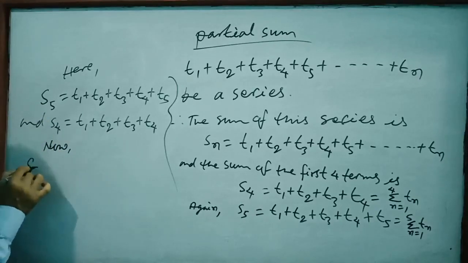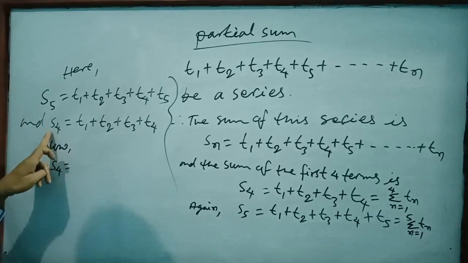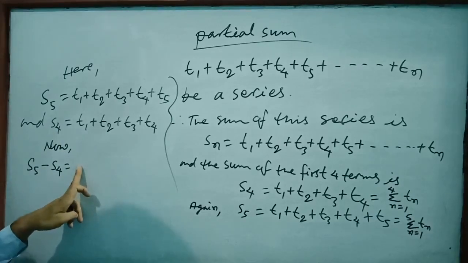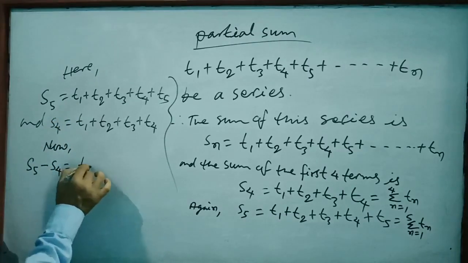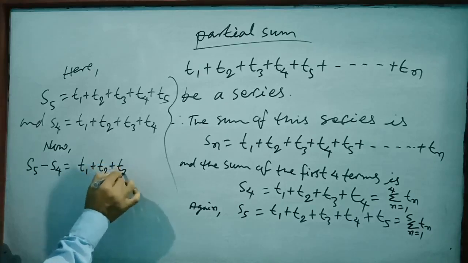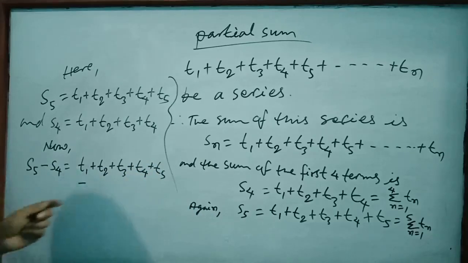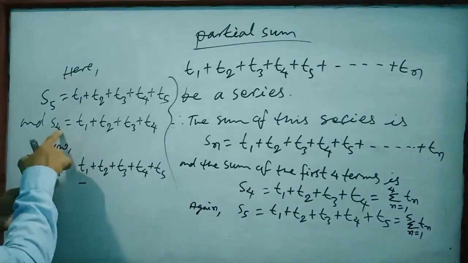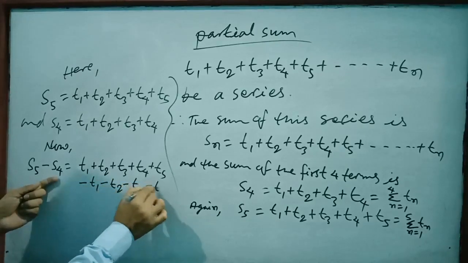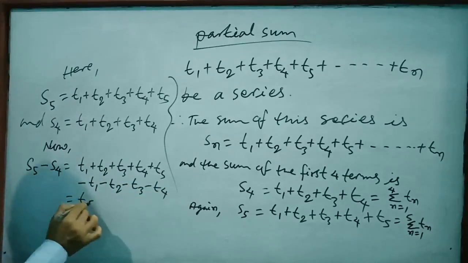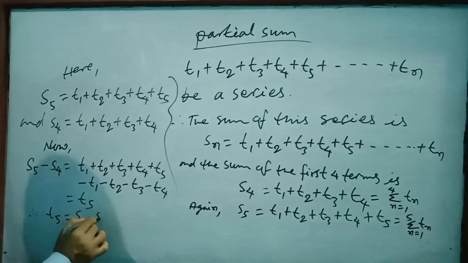Now S5 minus S4. Then on this side we can write the value of S5, T1 plus T2 plus T3 plus T4 plus T5. This much minus now the value of S4, so minus T1 minus T2 minus T3 minus T4. We get T5. Therefore, it means T5 equal to S5 minus S4. Understood?